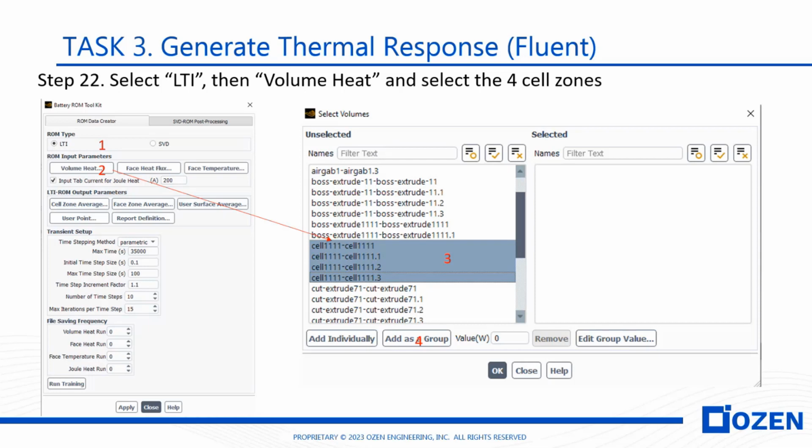And our input is the volume heat. We said heat is coming into the Fluent, and then it's going to put out temperature. So this is our input. We define our input, and then we also define our transient setup as shown on the left side with the time, and it's going to automatically do the time step size for us.